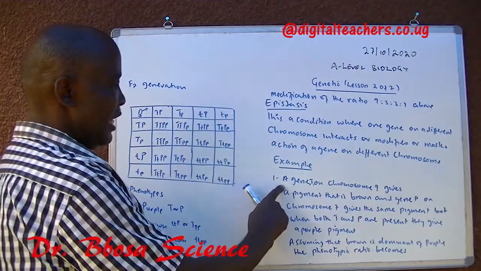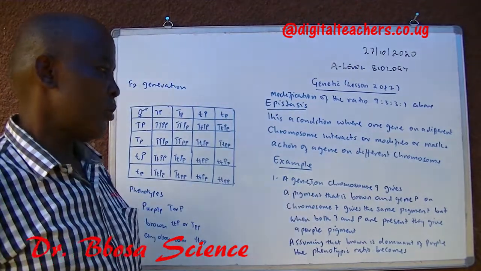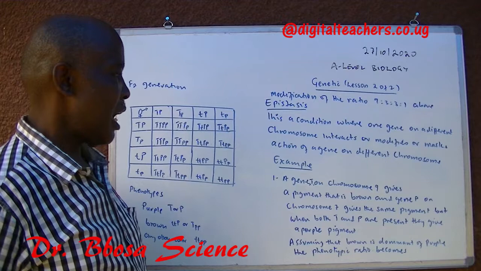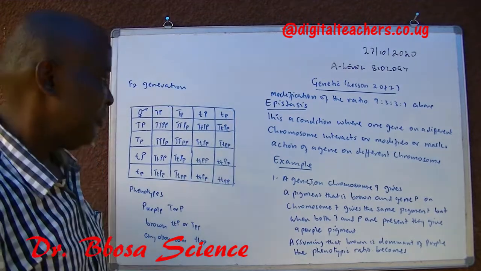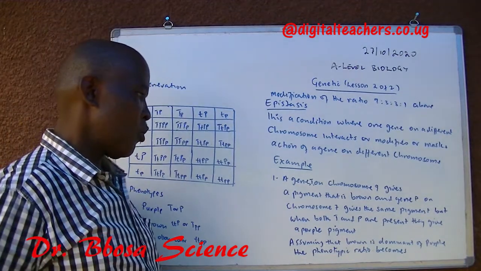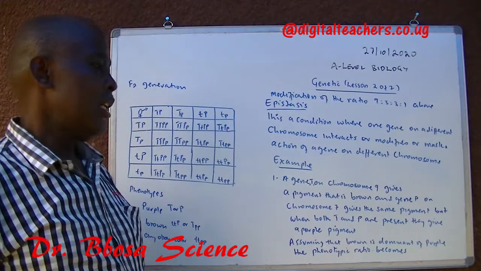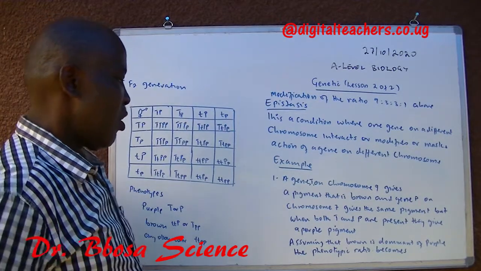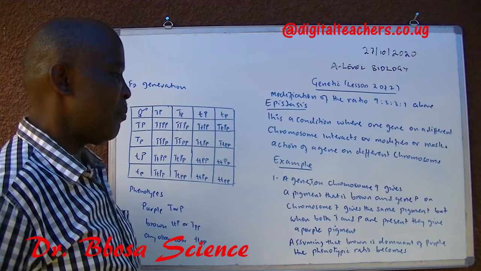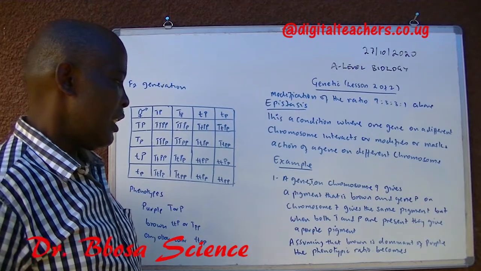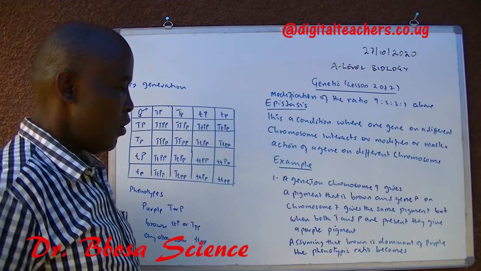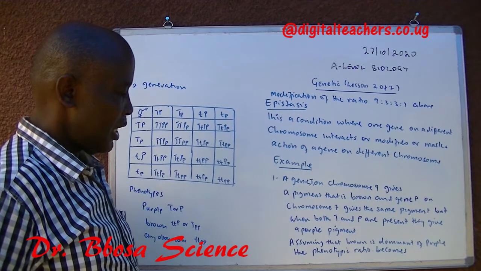For example, a gene T on chromosome 9 gives a pigment that is brown, and a gene P on chromosome 7 gives the same pigment. But when both T and P are present, they give a purple pigment.